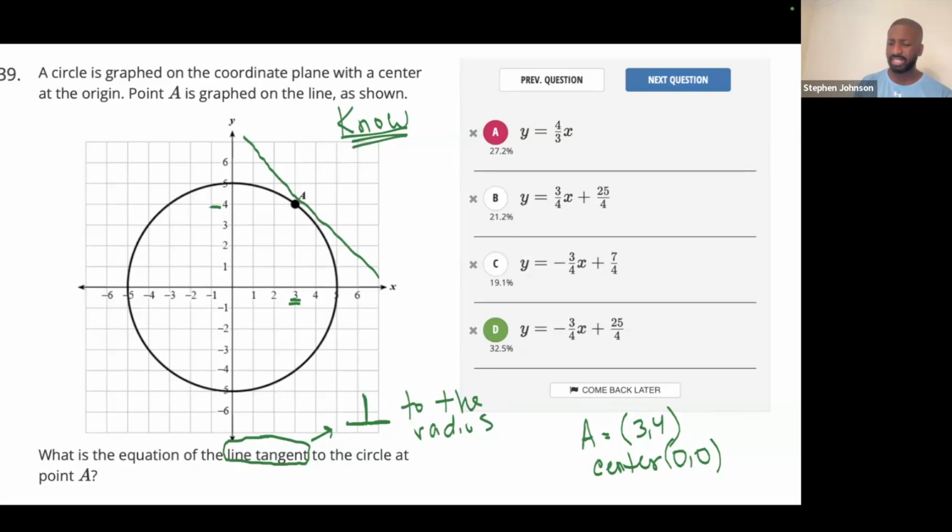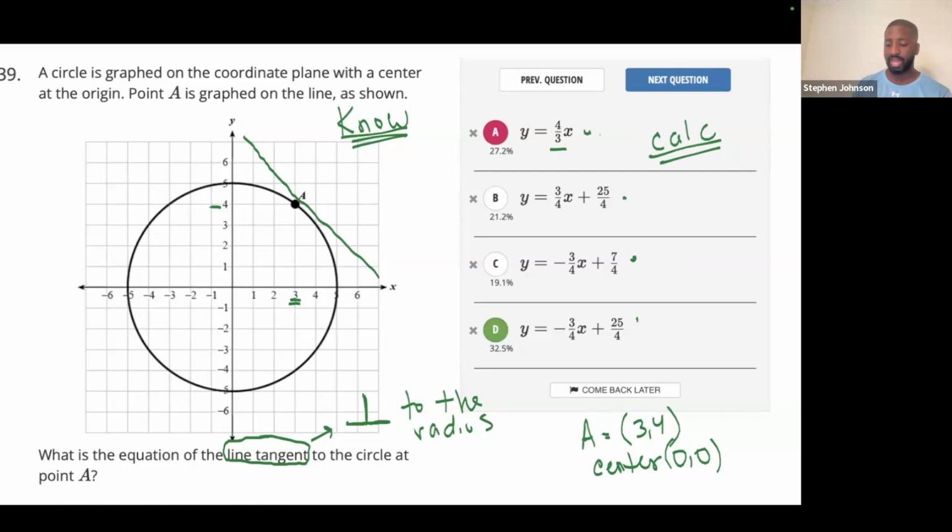All right, so then you could do the math this way. I guess you could, as a shortcut, use a calculator and graph each of these answer choices and see which one goes through the point (3, 4) and looks like it would be perpendicular. There's probably more than one option here. I can see that choice A is the only one that has a 4/3 slope. So maybe that would be crossed out by just graphing on the calculator.